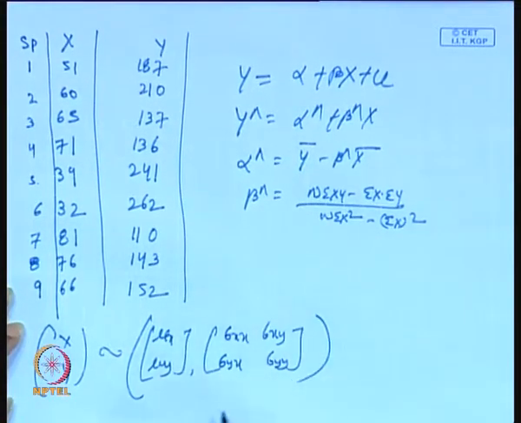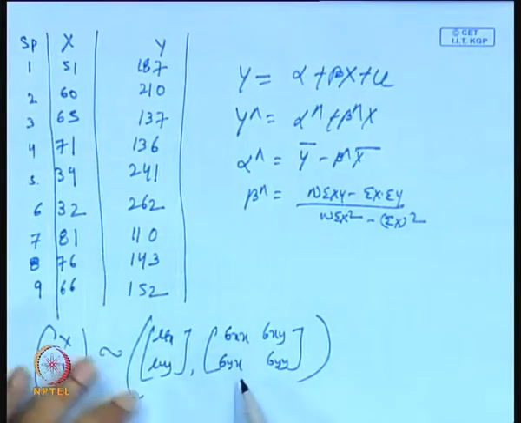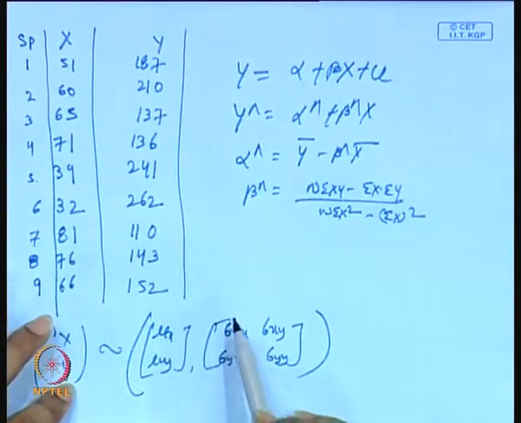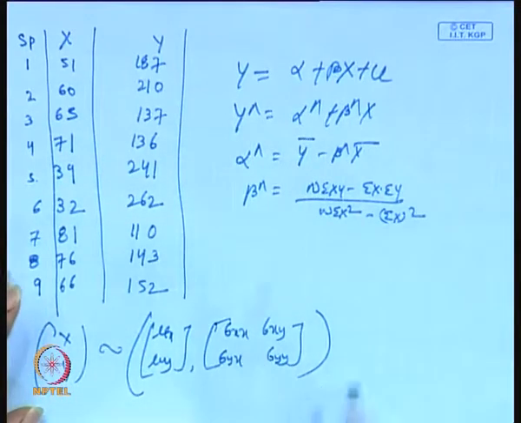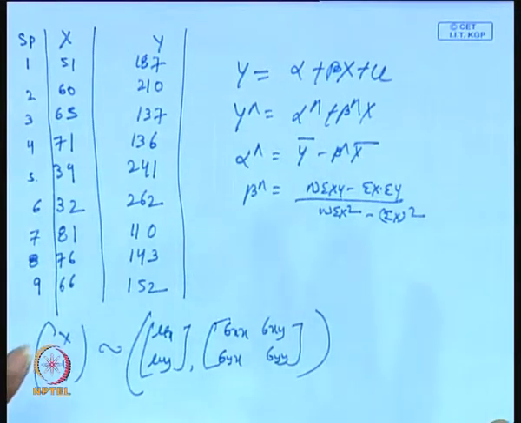So, this is the mean of x, this is the mean of y, and this particular matrix is called a variance covariance matrix. All right. Within the given setup, you can get all these items separately.